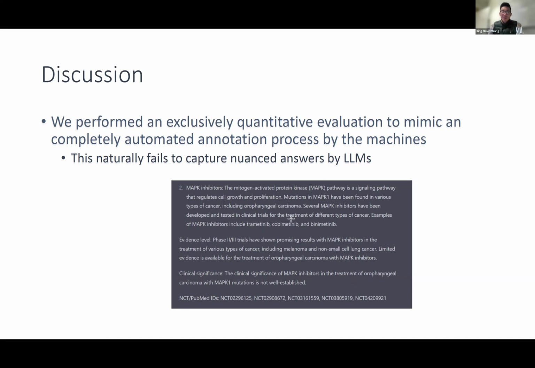So the trametinib, cobimetinib, and binimetinib suggestions by the LLM were not really 100% sure. That's something that we also have to keep in mind when we evaluate the results.